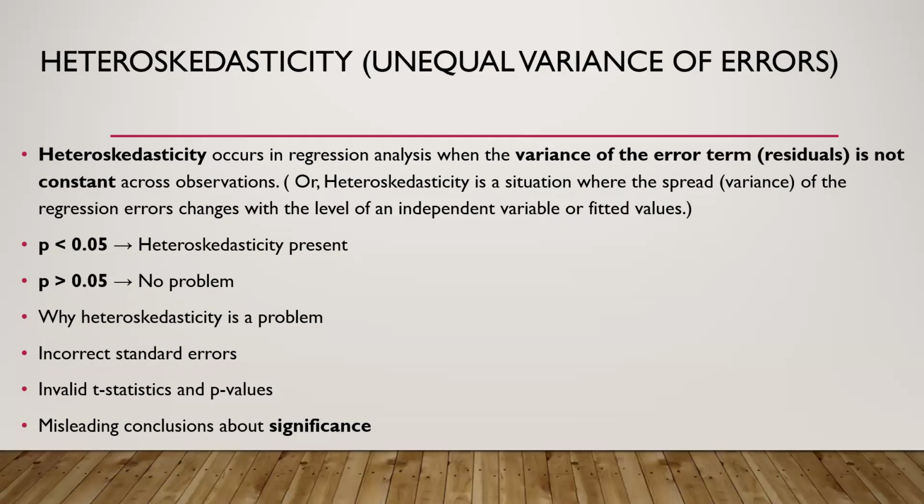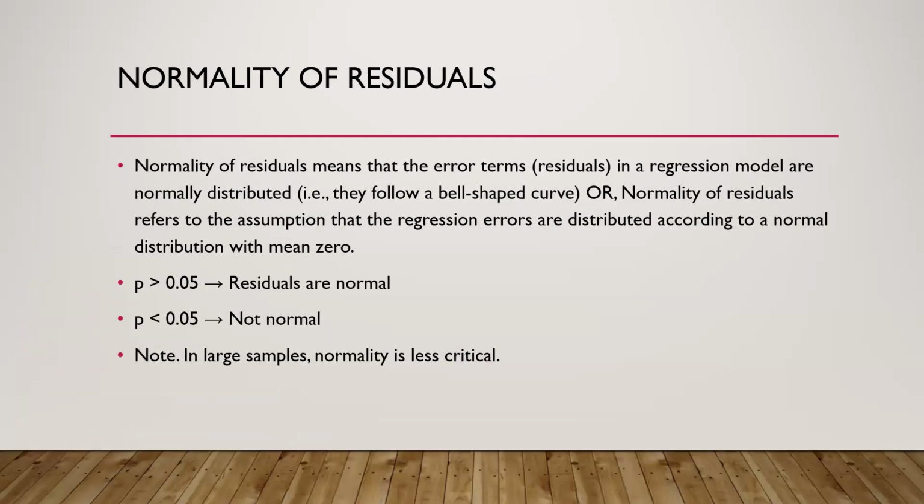So these are things you need to perform to check that the model you set, the regression, the prediction, the forecast, whatever you call the estimate you perform, is okay. You need to check for heteroskedasticity.